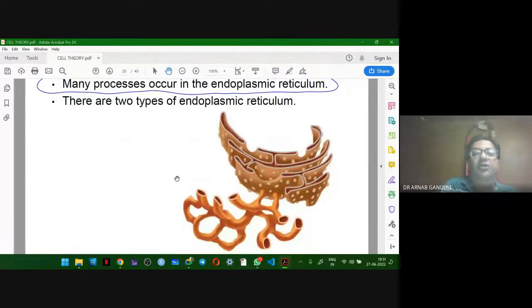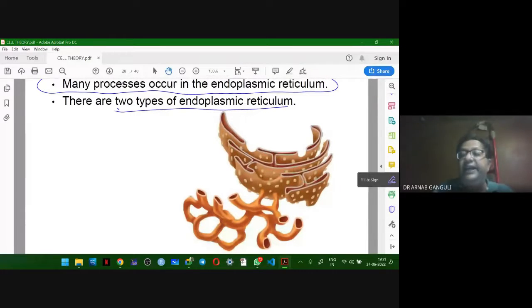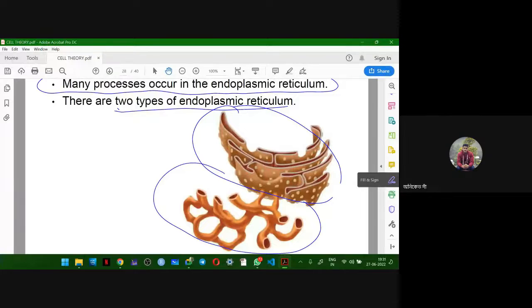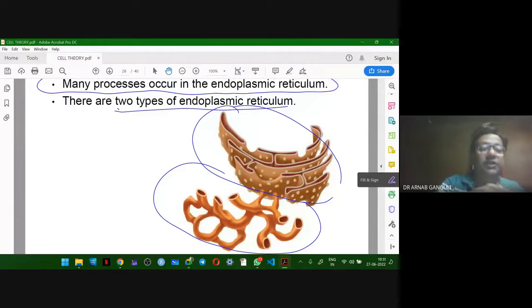We know there are two types of endoplasmic reticulum. Can anybody tell what the two different types are? Rough and smooth endoplasmic reticulum.